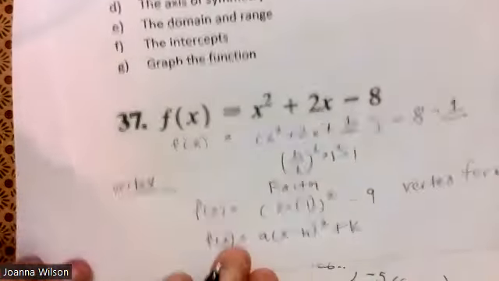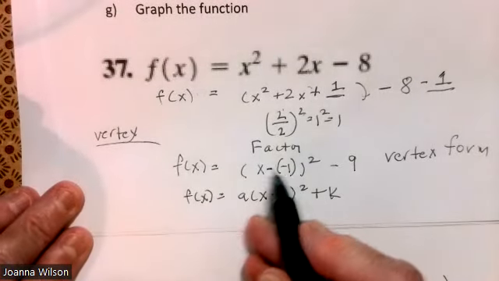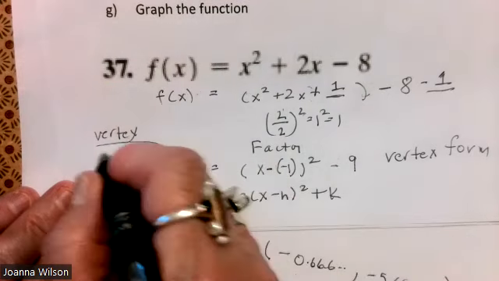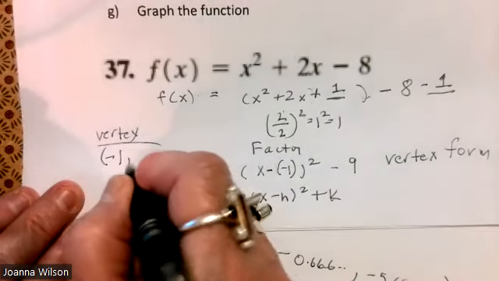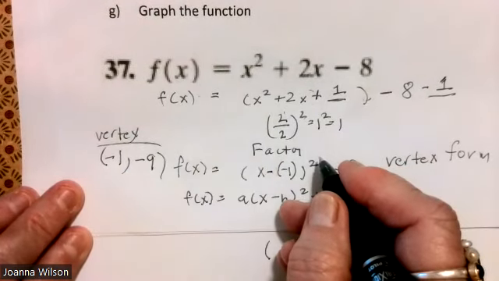So the h really is a minus 1. If there's a plus there, then the h is the opposite of whatever's added. So that's the x value. And the k is just the number out here.